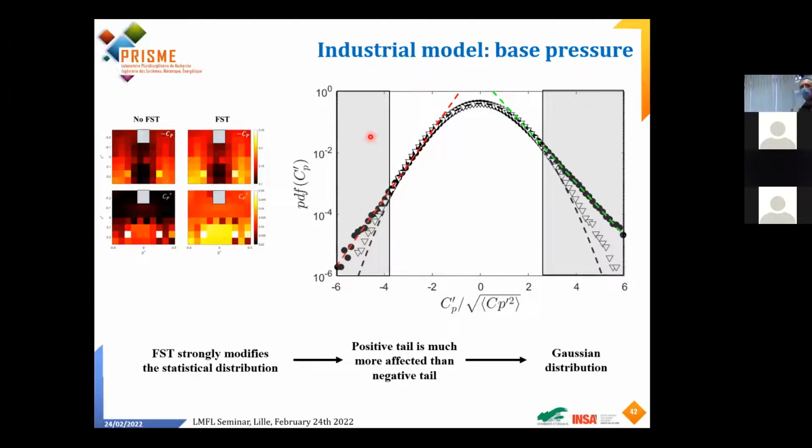So mostly what I can see also is that here the black dashed line represents the Gaussian distribution. So my free stream turbulence will tend to a Gaussian distribution for my pressure fluctuation. Very surprising.